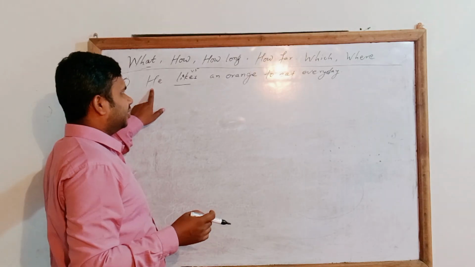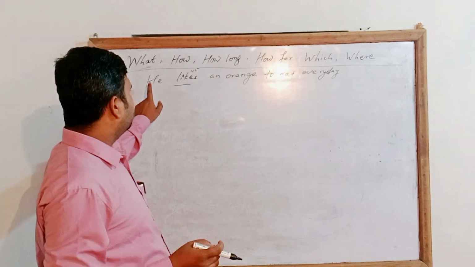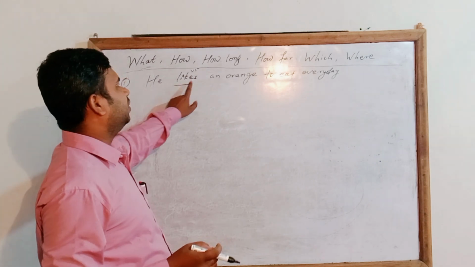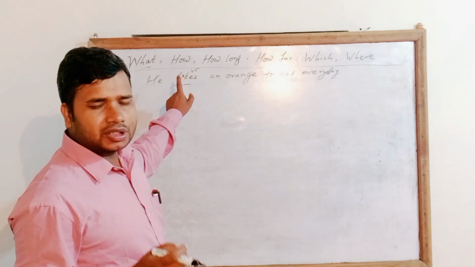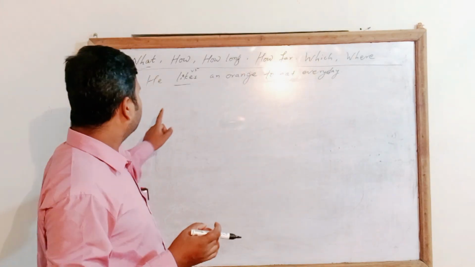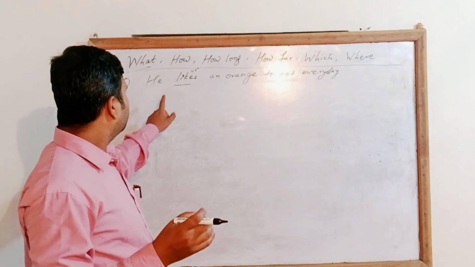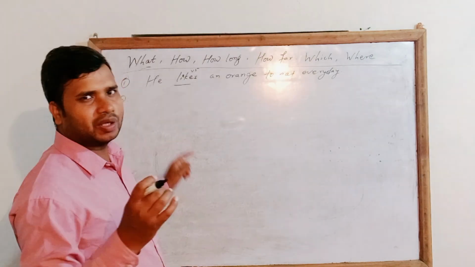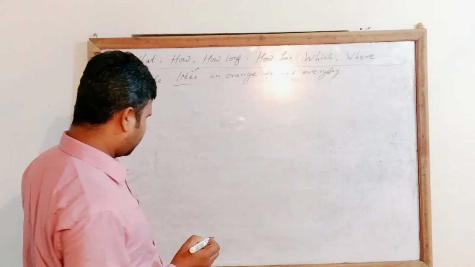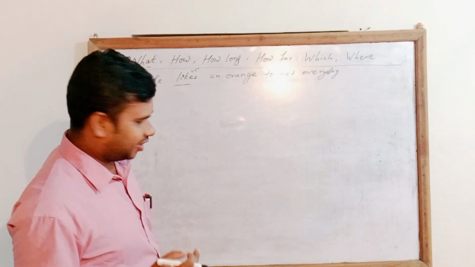Singular subject he, it is a pronoun, and singular subject plus V5. Now this is simple present tense. So this question is also made in simple present tense. So my dear students, don't hesitate and write very clearly.